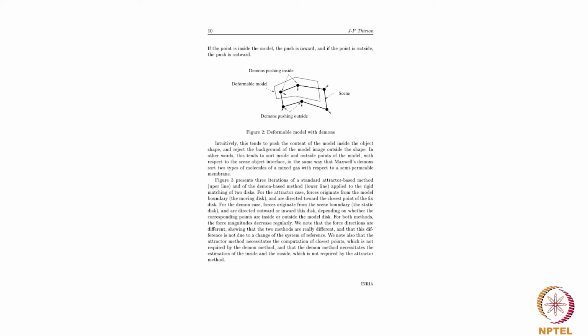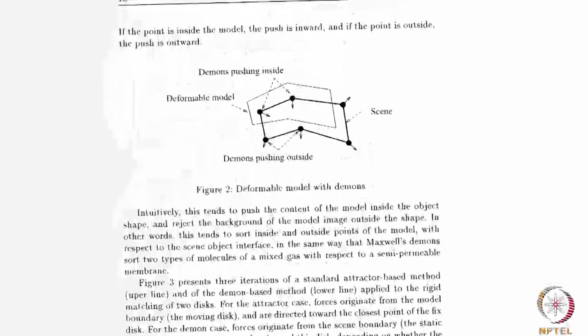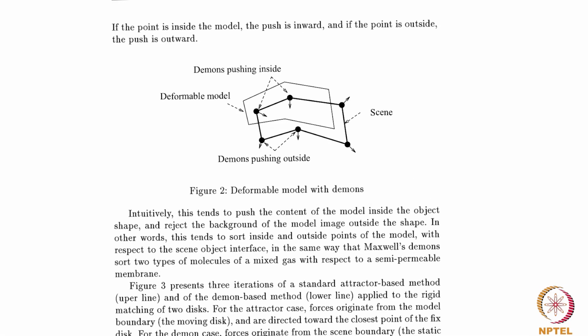So if you look at this picture, this corresponds to what the demons algorithm does, right? The scene here is nothing but the fixed image, F, and this is the moving image, G. So you have the corresponding points, right? You have these dark spots here, which correspond to your demon points. And then, of course, we assume that when you start out at the first iteration, there is some degree of overlap, right?